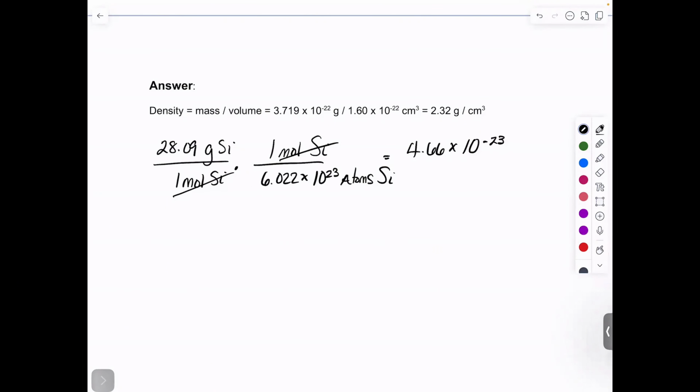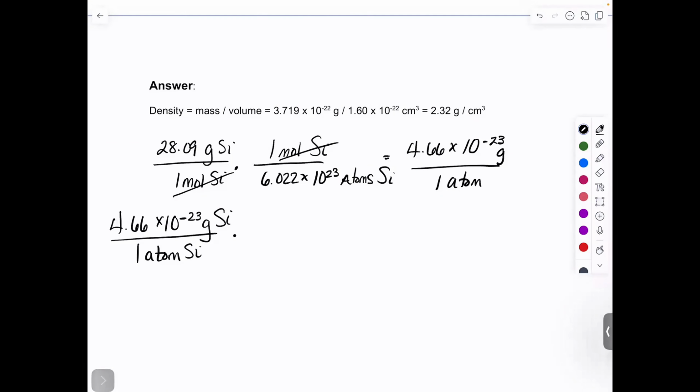And that would be grams per 1 atom. Okay. And because I'm running out of room, I'll just go ahead and go down here again. Okay, so 1 atom has a mass of 4.66 times 10 to the negative 23 grams. And again, this is silicon here.